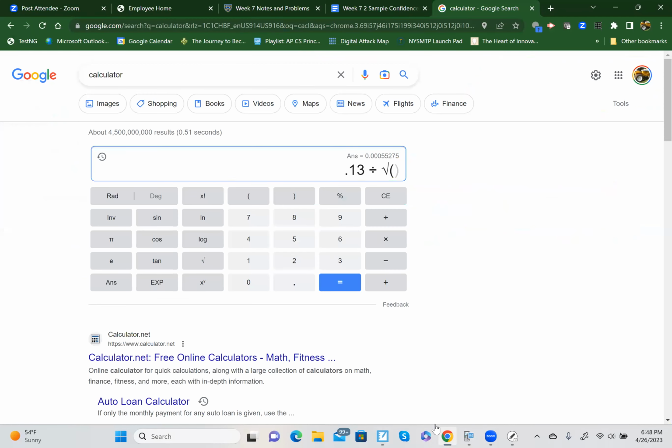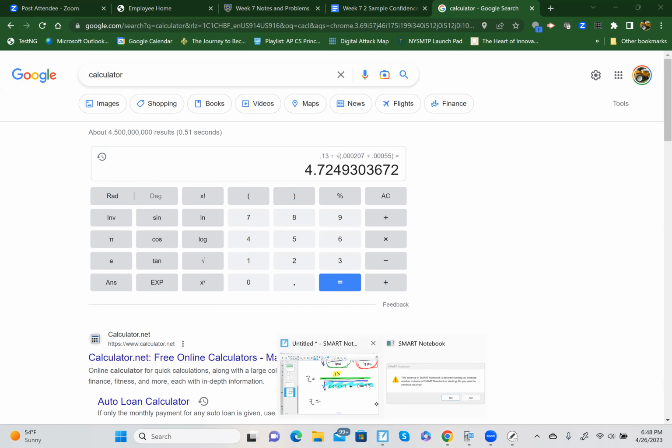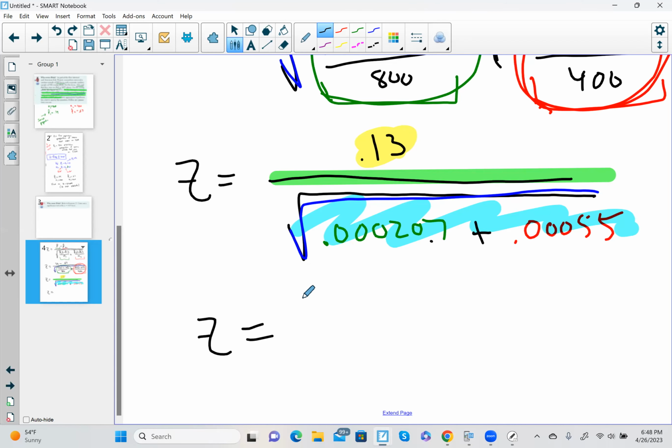So let's go do that. 0.000207 plus 0.00055, close parenthesis, enter, and I get 4.73, 4.72 actually. So this z-score is 4.72.